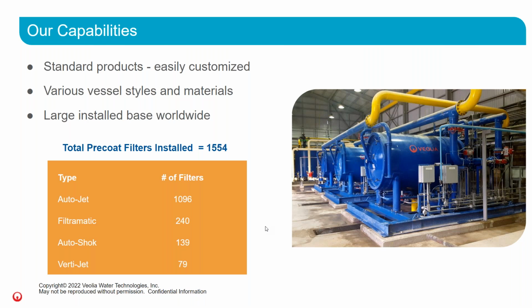Currently, we have about 1,554 Precoat filters installed, and the majority of them, as you see, are the Auto-Jet filters at 1,096. And we have 240 Filtra-Matics, 139 Auto-Shock, and 79 Vertijet. The Vertijet filters are no longer in production.